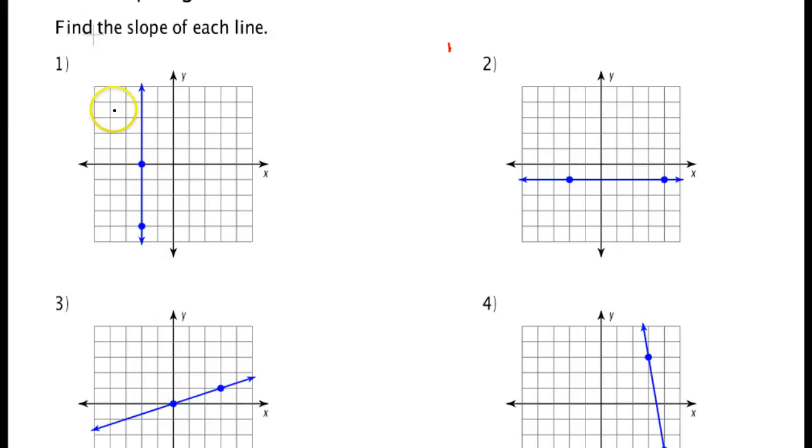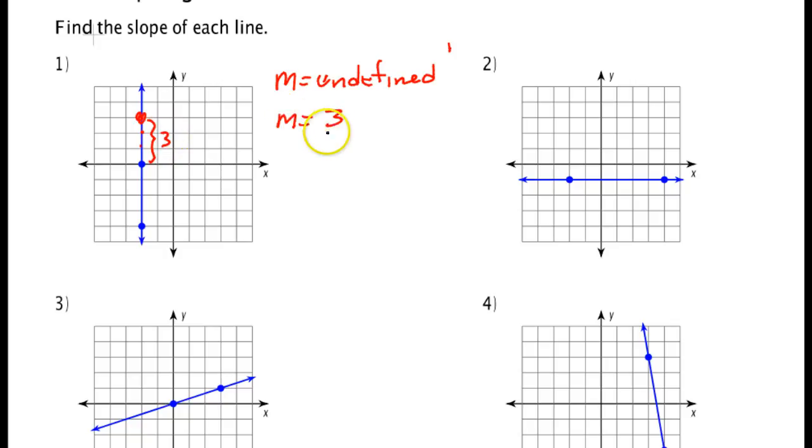the slope of this line? That slope is undefined. Why is it undefined? Okay. So if you're to calculate the slope here, the rise would be whatever, like 1, 2, 3, right?